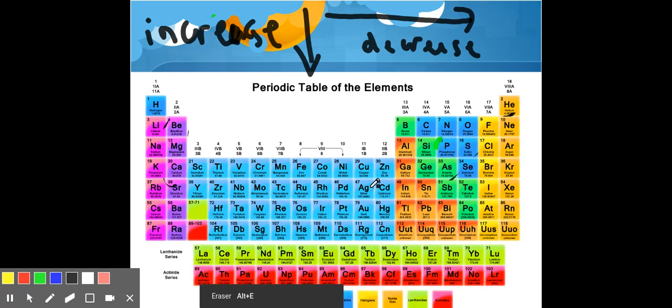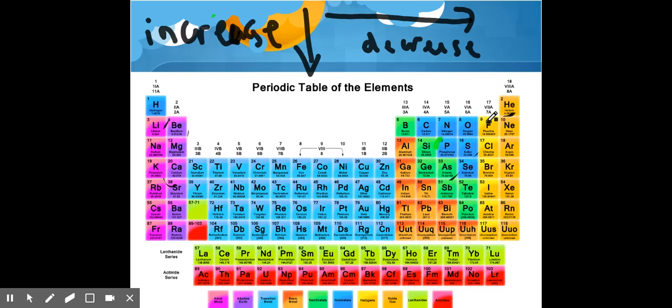All right, now we have fluorine, boron, oxygen, and nitrogen. So which element is the largest, smallest?